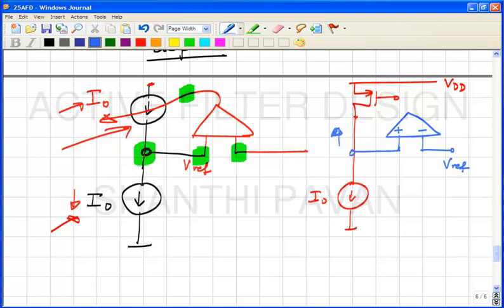If this potential is higher than Vref, what will happen here? This will go up. But if this potential is going up, what does this mean for this current source? It's too high, correct? So what must I do to the gate? I must reduce the current, which means that I must reduce the source-gate voltage, which means that I must increase the gate voltage.